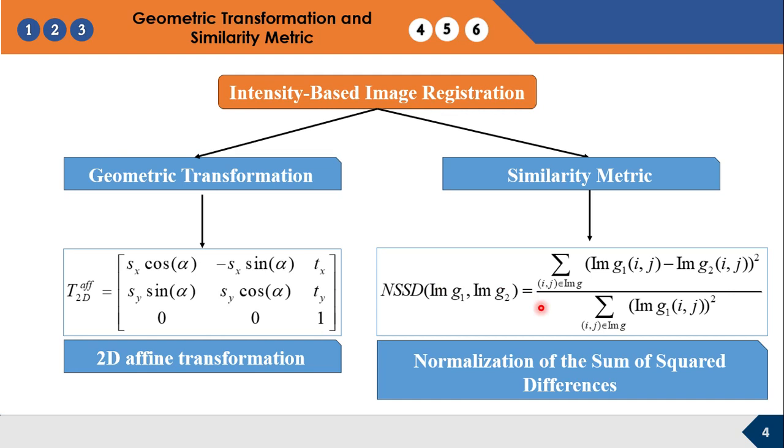And regarding the similarity metric, there are several metrics that can be used in this field. So in our work, we have selected the normalization of the sum of squared differences, which is defined by this relationship.